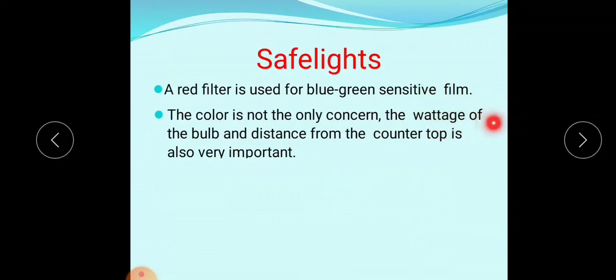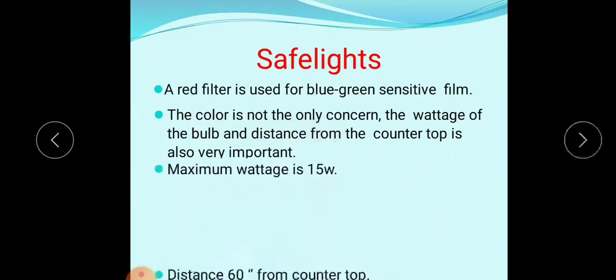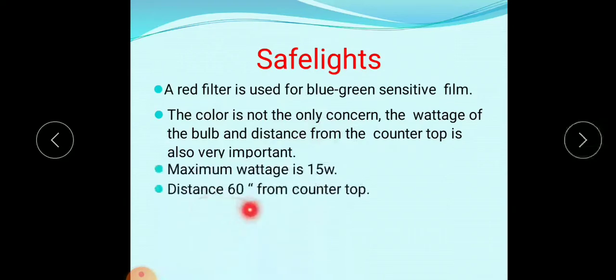The wattage of the bulb and the distance from the countertop are also very important. The maximum wattage is 15 watts, and the distance is 60 inches from the countertop.